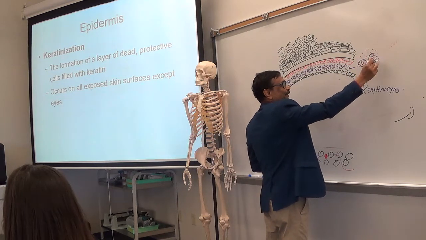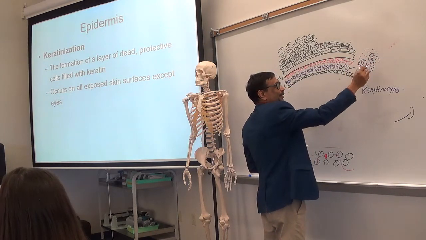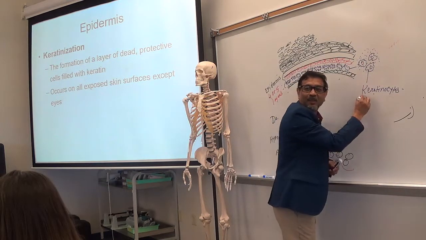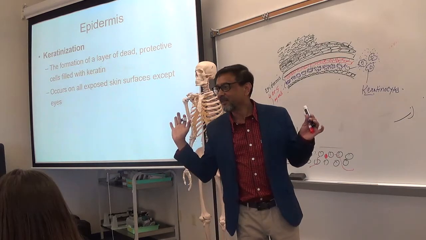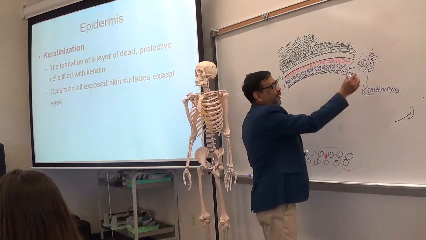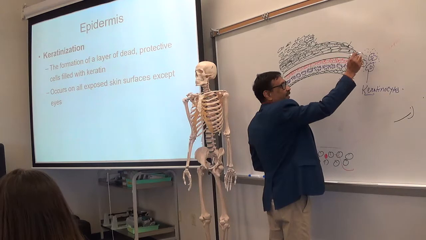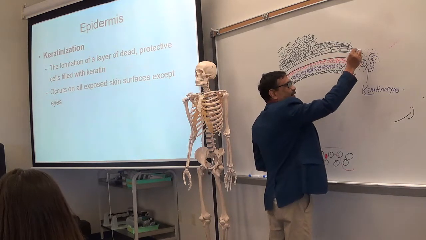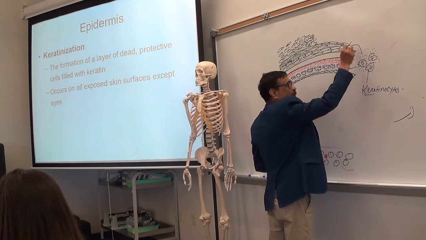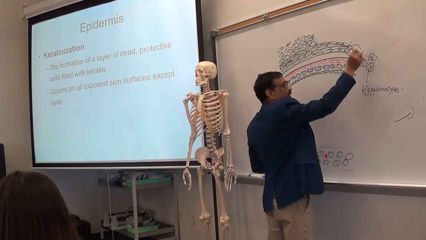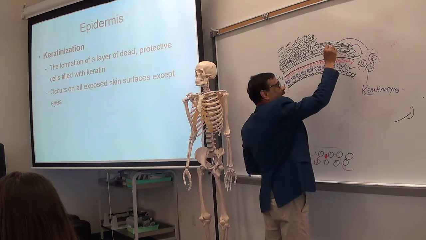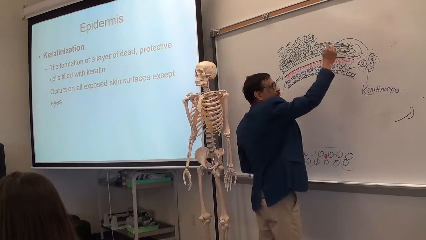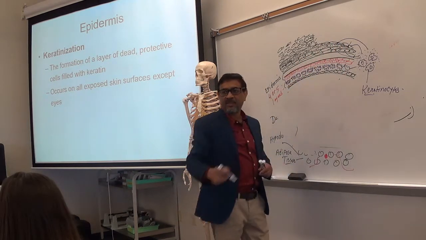Keratin. So, these cells, they are called keratinocytes, right? Because they produce and secrete keratin. So, these keratin producing cells secrete keratin, and then what happens? The keratin molecules enter into these dead flat squamous cells, and these cells get filled with keratin. Okay? So this process is called keratinization.